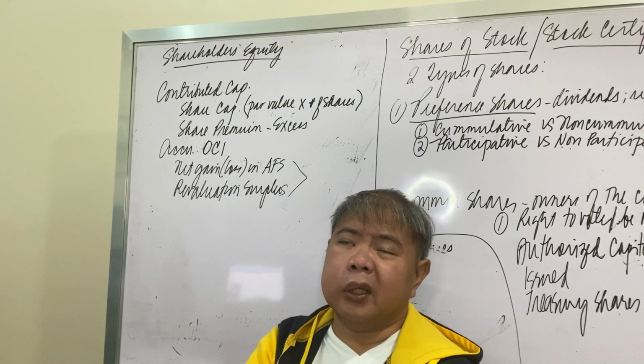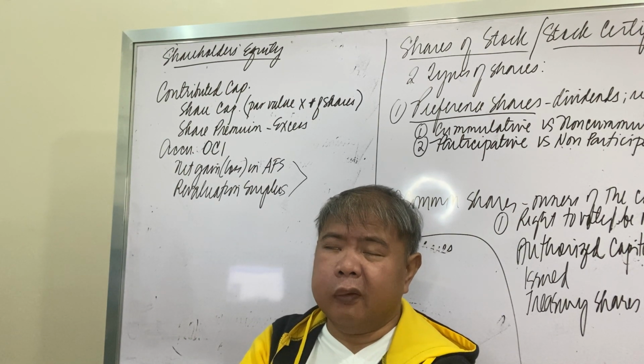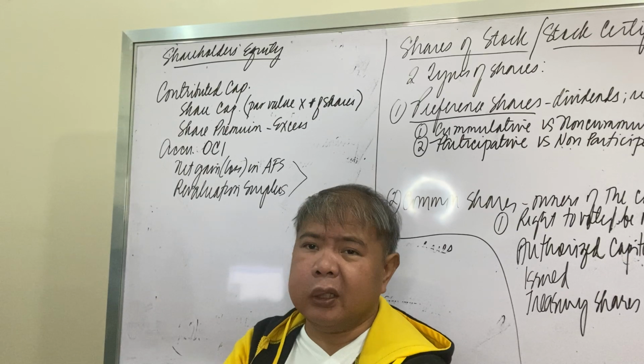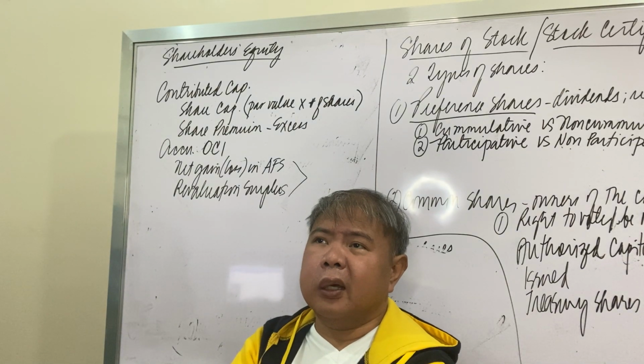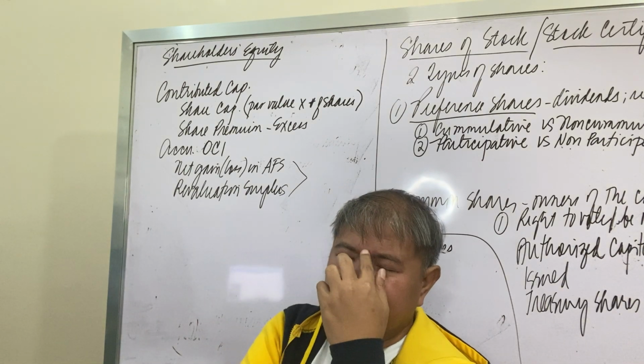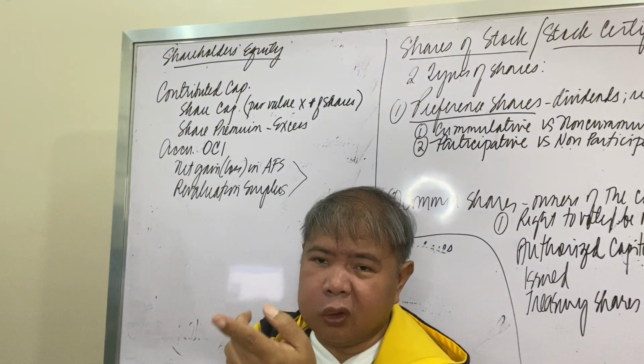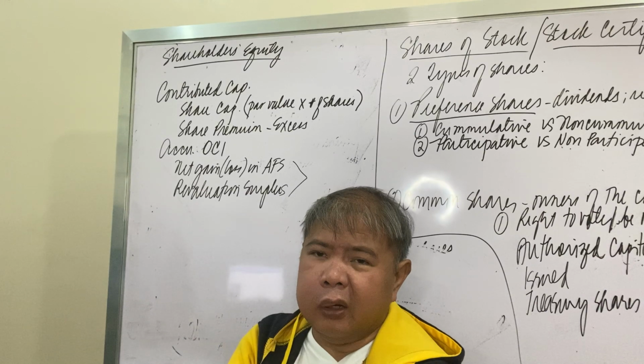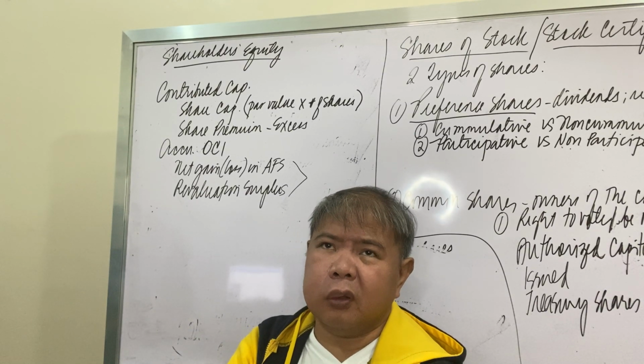Now remember what we did for the revaluation? We depreciated the asset, and the depreciation consists of two parts. Number one is the depreciation on the cost, meaning the original carrying value of the asset, and number two is the depreciation on the revaluation surplus.